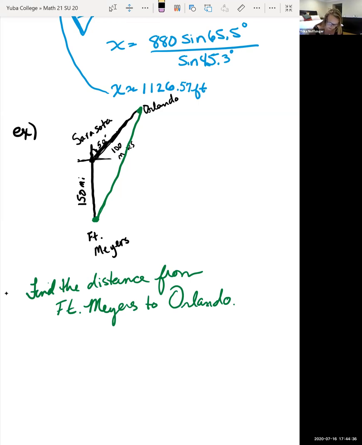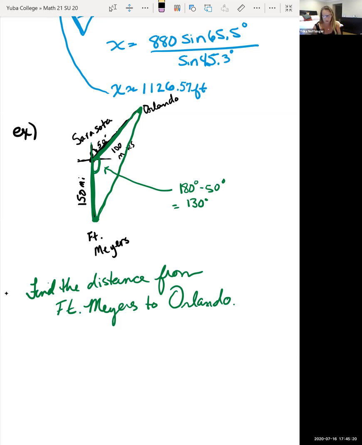We know this is 150 miles, and this side right here was 100 miles. We can figure out what this angle inside the triangle is. If we look at the straight line right up here, that whole thing is 180 degrees minus this 50 degrees that we had turned. So that angle in here is equal to 130 degrees.